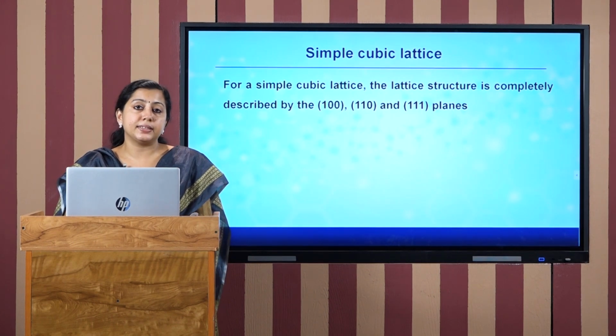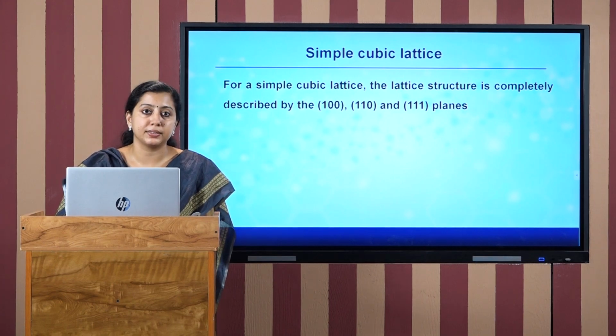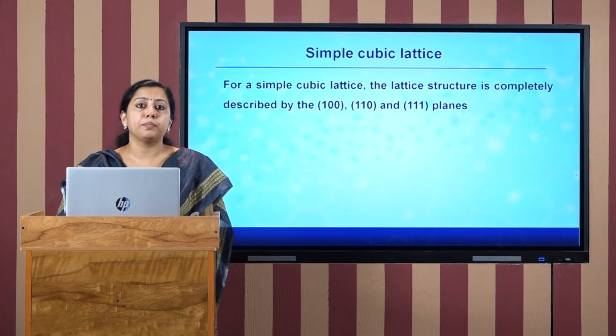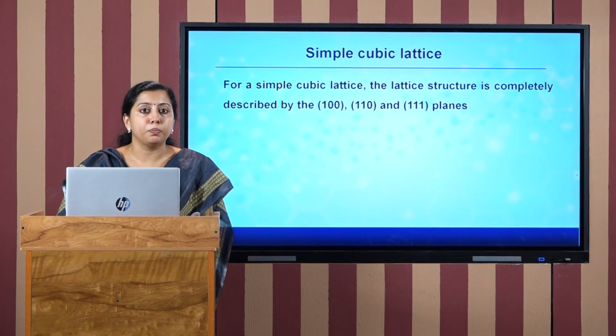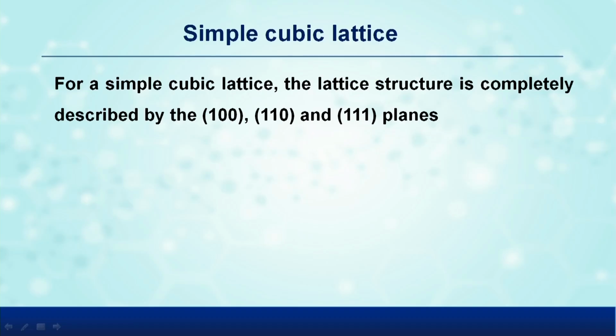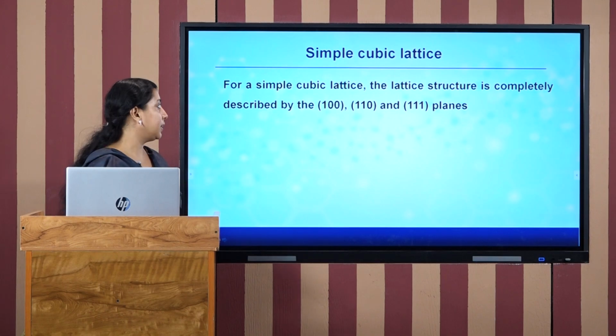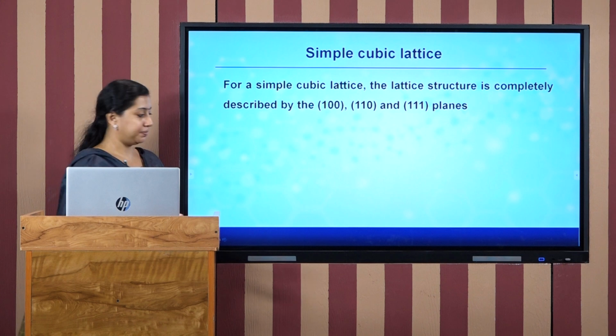Now, let us see the lattice planes of the 3 types of cubic lattices. First, we will see the simple cubic lattice. For a simple cubic lattice, the lattice structure is completely described by the 100, 110 and 111 planes. Now, let us see how to draw these planes.